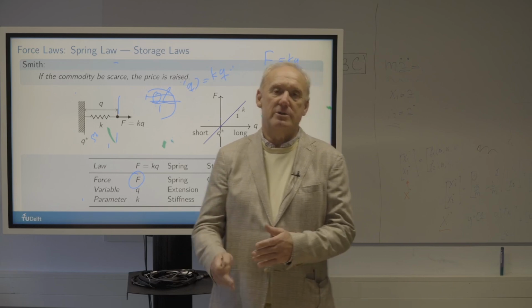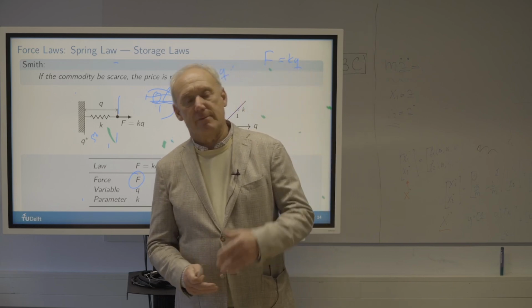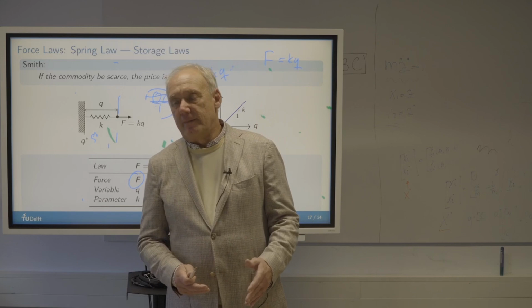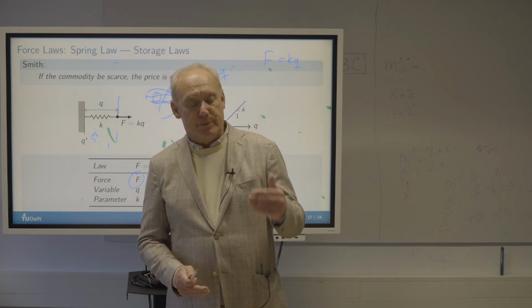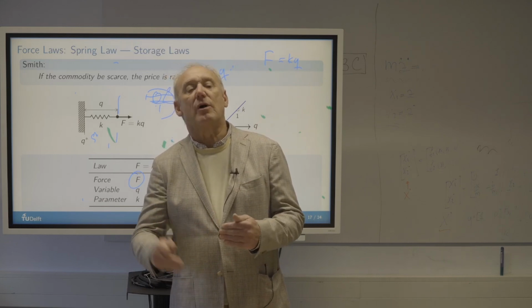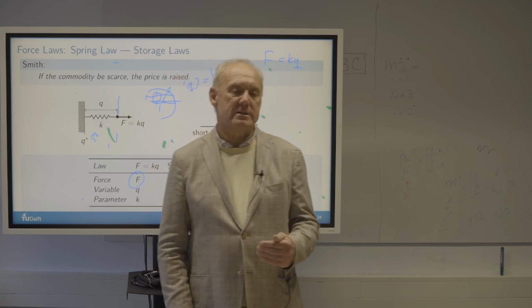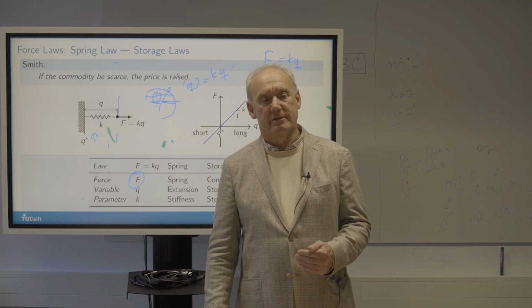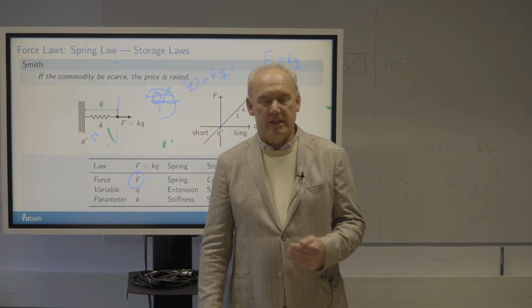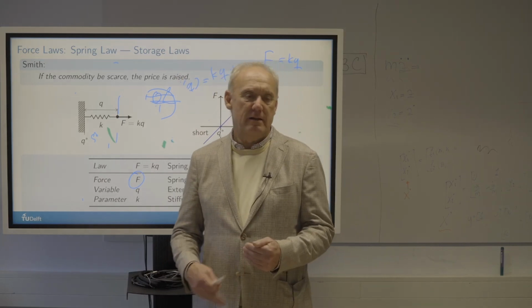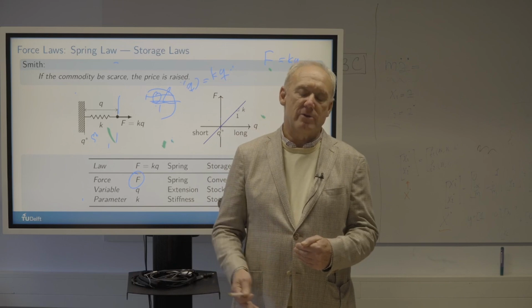So what you would do is say, I'm going to price the December oil equal to the price today plus the cost of storing it. And part of that cost is called the convenience yield.